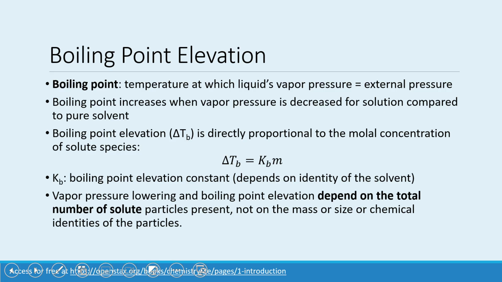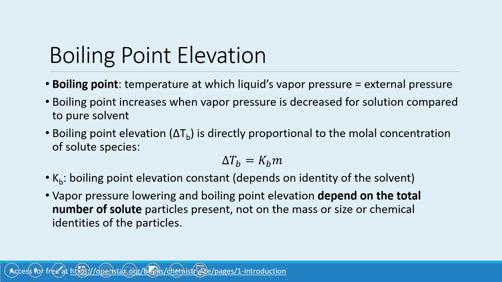And that's represented as a change in temperature, a change in T, and then the lowercase b represents the boiling point. So this is going to be directly proportional to the molal concentration of the solute in the solution. And the K represents a boiling point elevation constant.